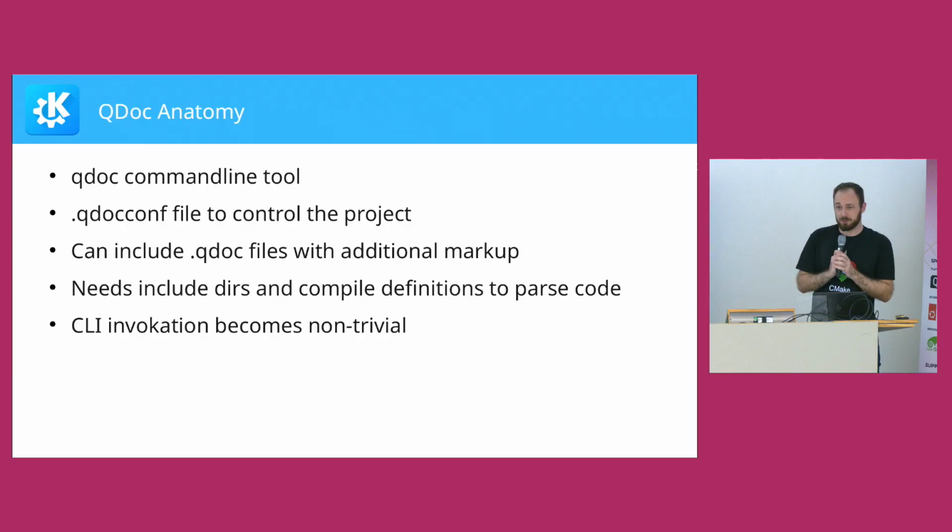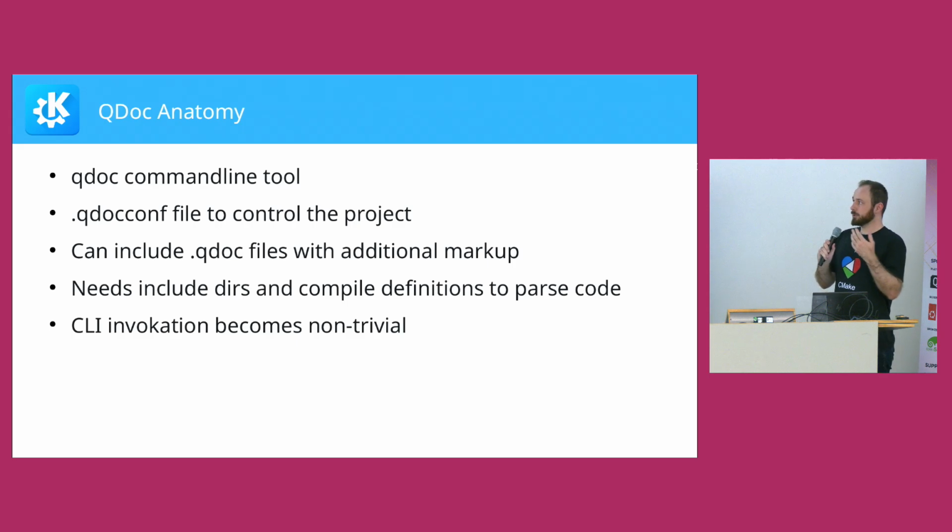To answer that, we need to look a bit into the anatomy of QDoc and how it works. The centerpiece of it is a command line tool called QDoc, which is controlled by a bunch of files ending in .qdocconf that describe various properties about your project. It can also include additional files that also have documentation content, so not only headers and source files.